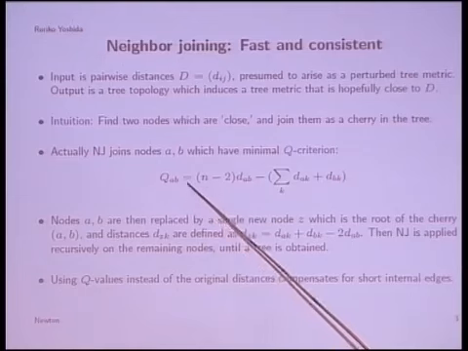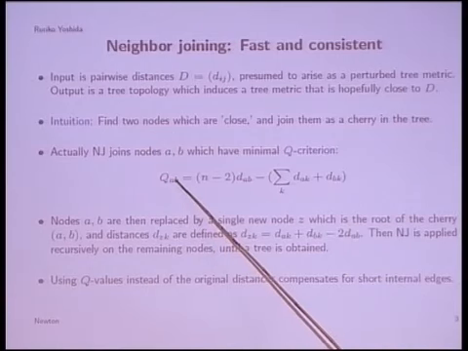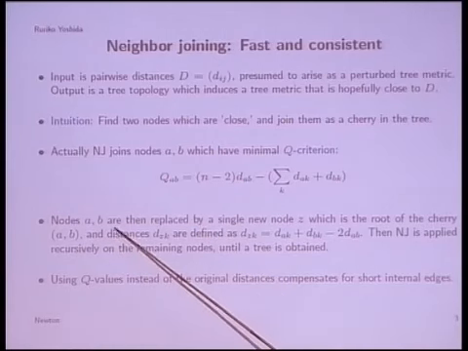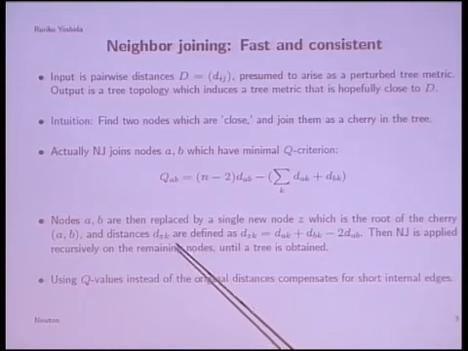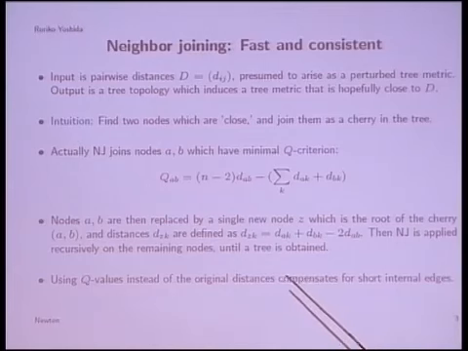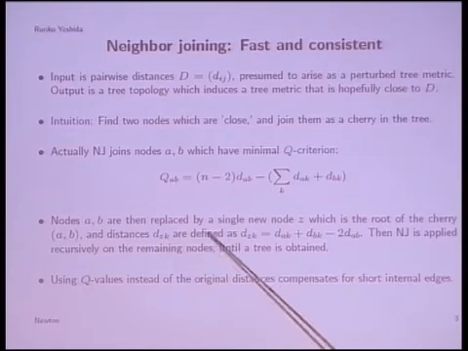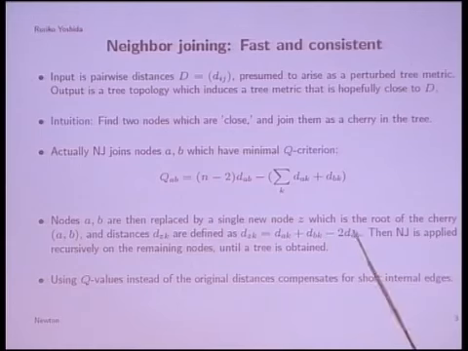We want to find the smallest entry of Q. If Q_AB is the smallest element of Q, then A and B form a cherry, and we replace them by a single new node G, the unique internal node on the path between A and B. Then we calculate the distance G to K, defined by this, and replace A and B with the single node G. We then have n minus 1 nodes, and recursively apply the same process.